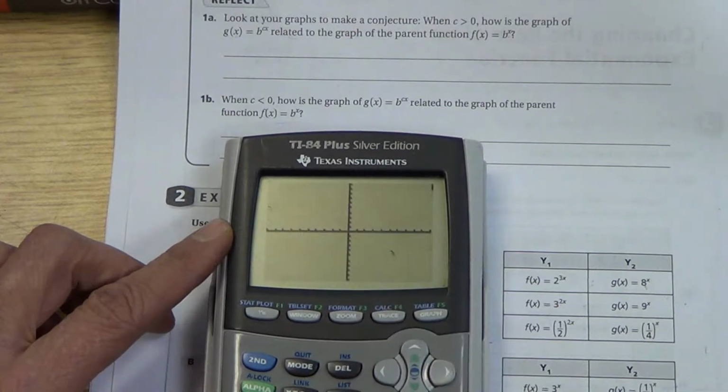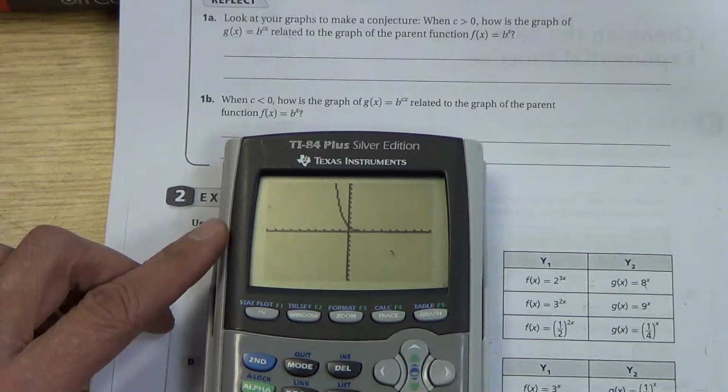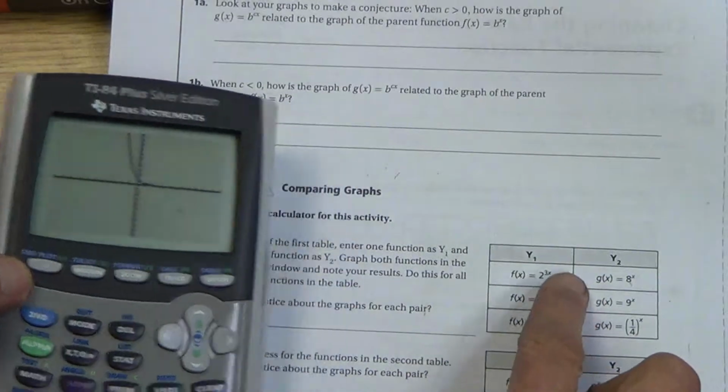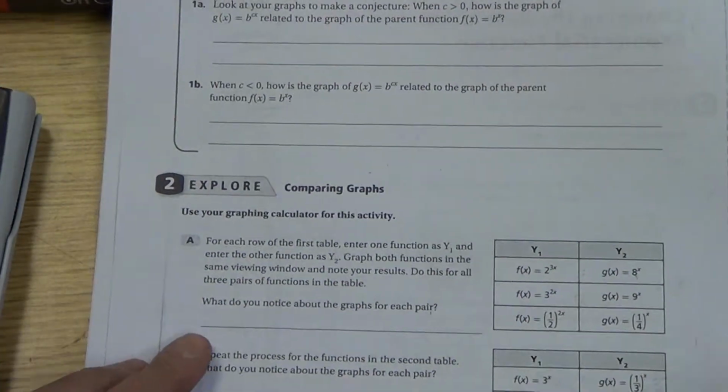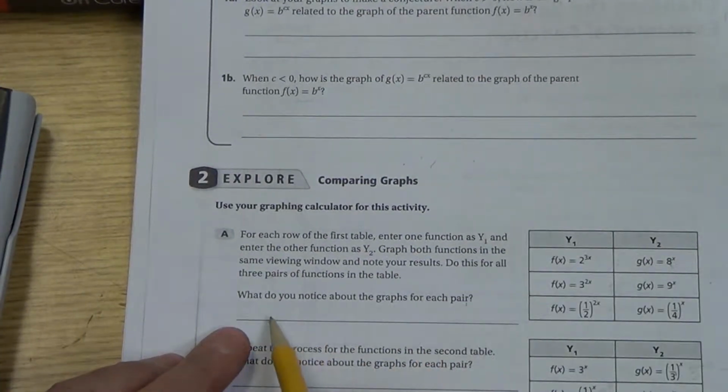We'll graph it. There is 1/2 raised to the 2x, and then there came the 1/4 raised to the x. So each of these are the same. What do you notice about the graphs for each pair? They are the exact same graph.